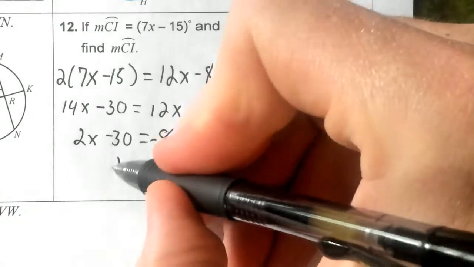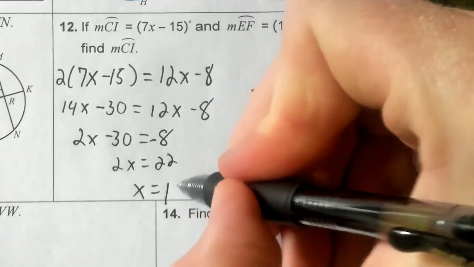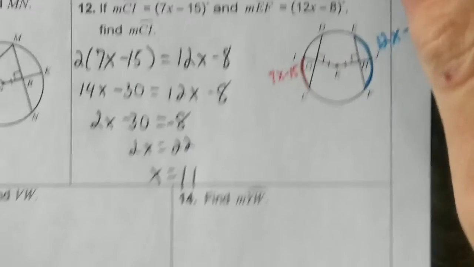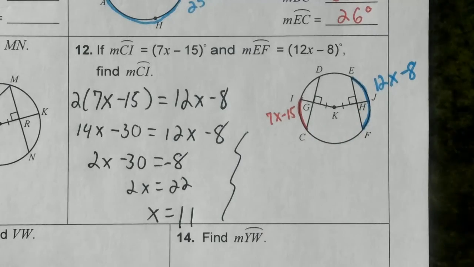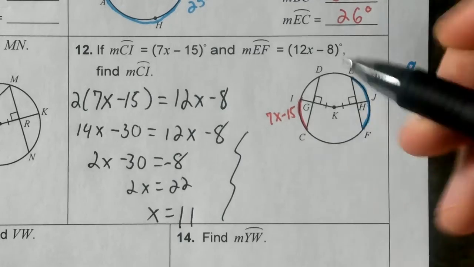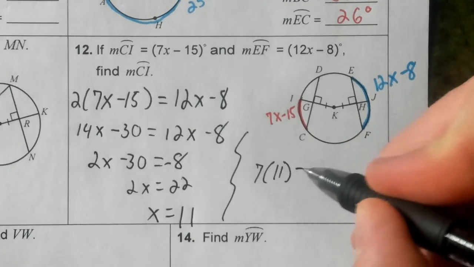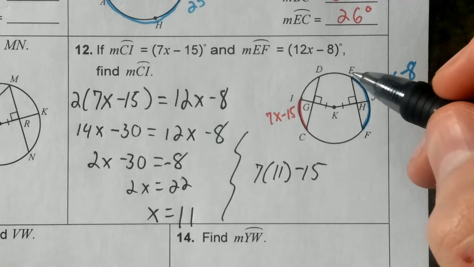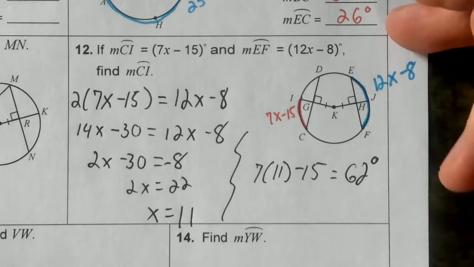Then I'll add 30 to both sides, so 2x equals 22. So x is 11. But I was supposed to be finding CI, this little part, so I'm just going to plug in. So 7 times 11 minus 15. That's 77 minus 15, which is 62 degrees.